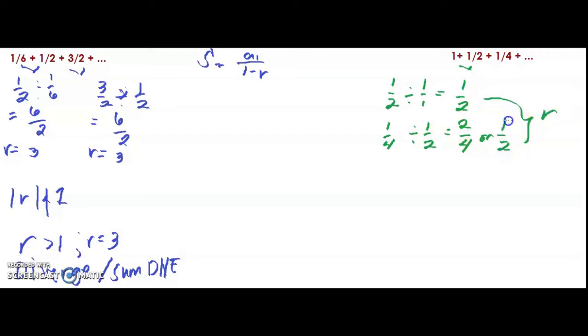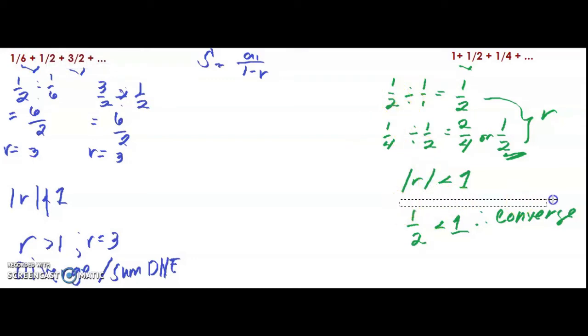Therefore, our common ratio here is 1/2. Take note, we said the absolute value of the common ratio should be less than 1. The common ratio here is 1/2, and 1/2 is less than 1. Therefore, the pattern is converge. If the common ratio is less than 1, we can say that the sum exists.